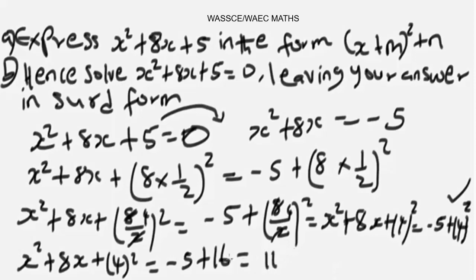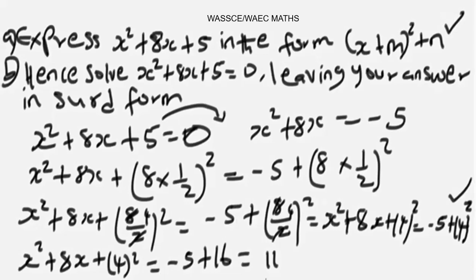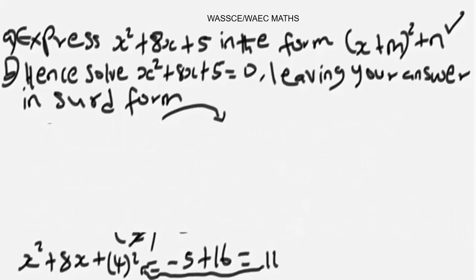Now we present it expressed in this form. Let me wipe the middle and complete the solution. To express this in this form, we have (x plus 4) squared equals 11.